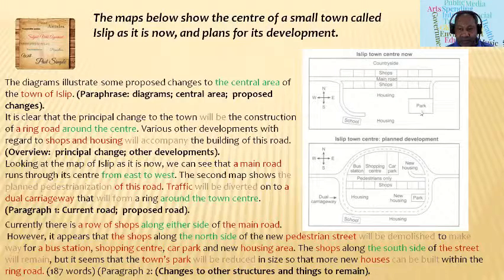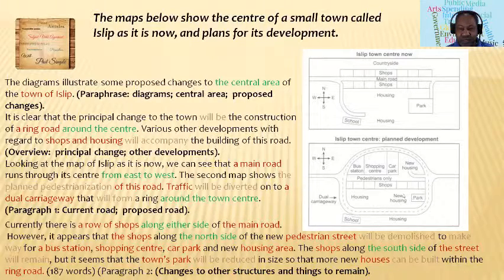So the town's park, sorry, not car park, I read that incorrectly. The town's park will be reduced. So the park is there. Clearly we can see it will be reduced in size so that more new houses can be built here. New housing, because the new housing is in this area.